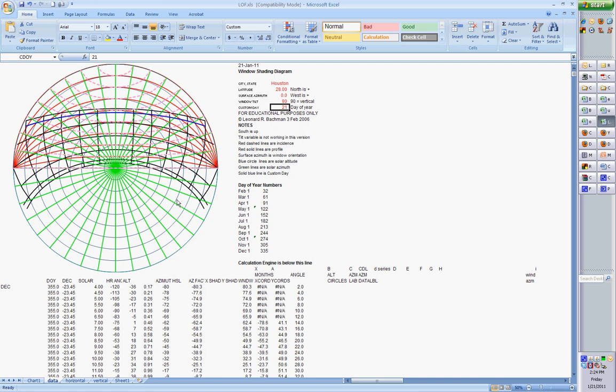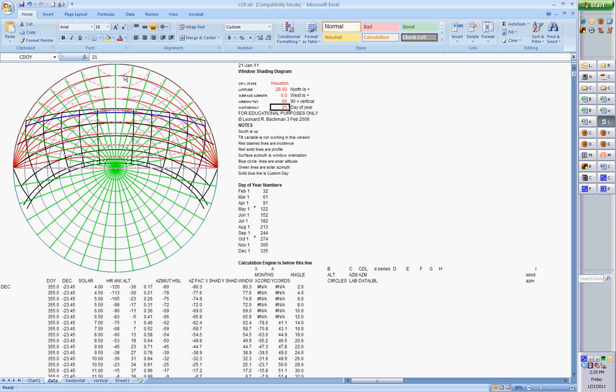If we're interested in January the 21st at, let's say, 1 o'clock, we would see that the azimuth was about, what is this, 10, 20, 30, 40, 50, 60, 70, 80, 90, so these are in 10 degree increments.